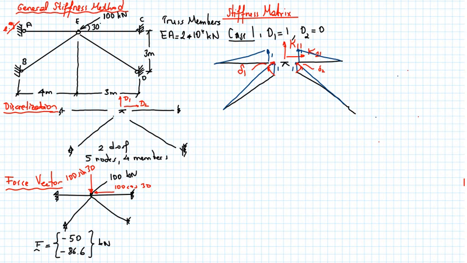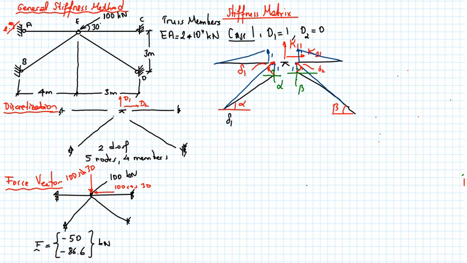So if I call this angle alpha and this angle beta, then from geometry, draw a line like that here and another line like that. We find out that this angle is alpha and that angle is beta.